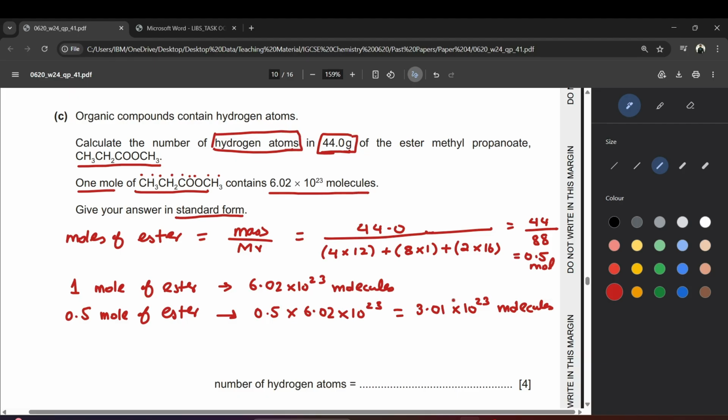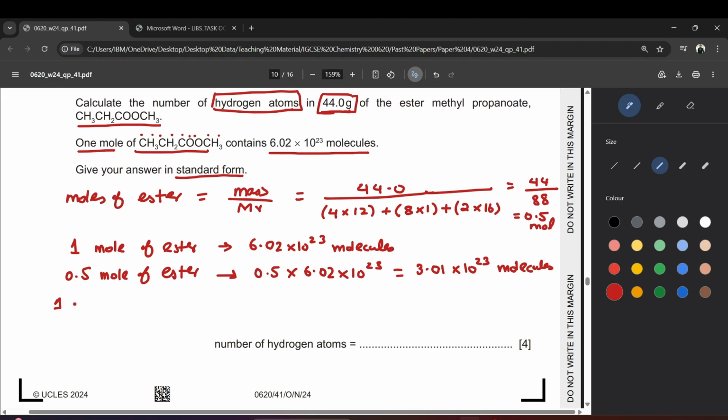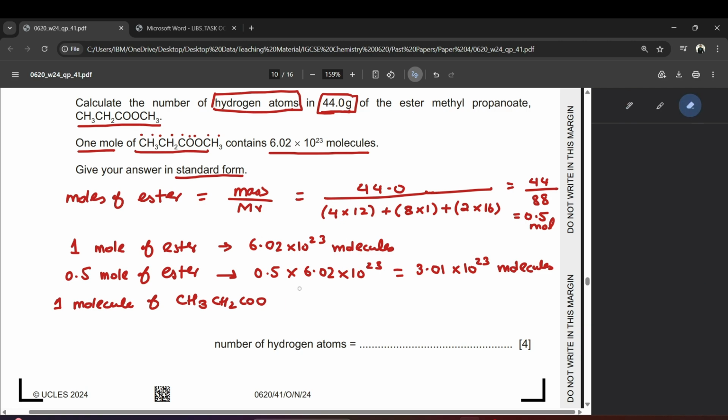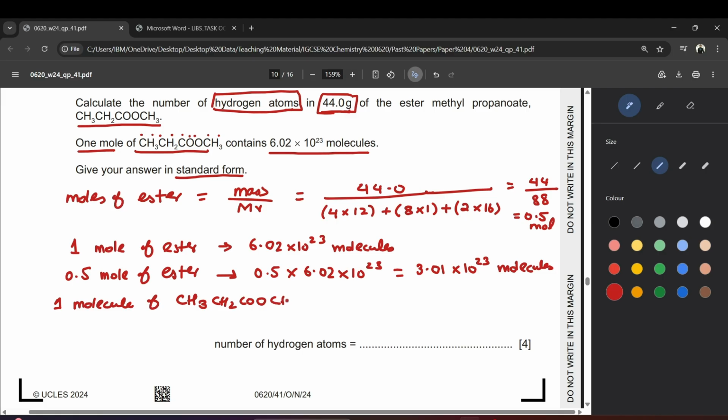Okay, so now let's see. 1 molecule of, let me now write down the formula. We have CH3CH2COOCH3. Has how many hydrogen atoms? We just counted it. It has 8 hydrogen atoms.